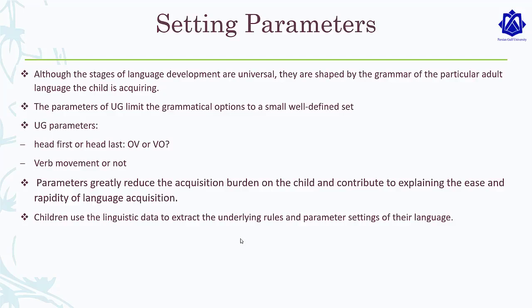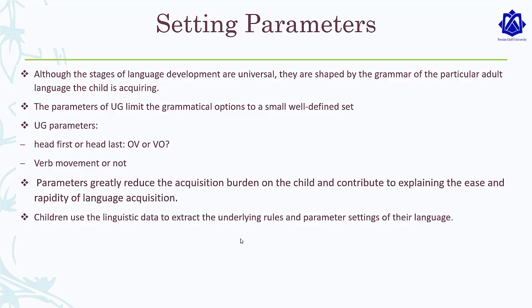So the idea is that, however, we have universal stages of language development, but the way children acquire language is shaped by the particular language they are exposed to. And besides the principles of UG, we have certain parameters.